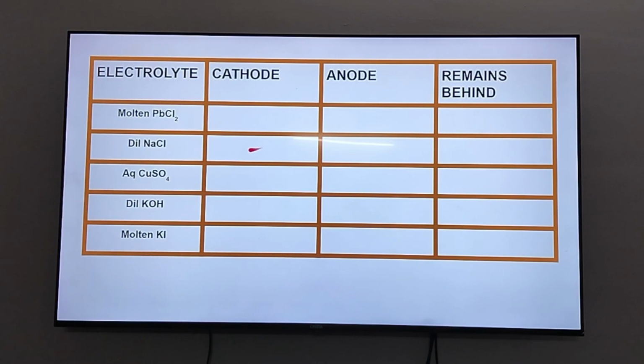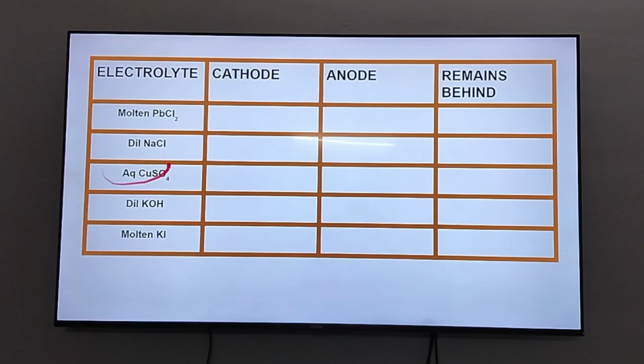Now since hydrogen and hydroxide, both from the water, are removed, water becomes less and less in the solution. Hence, instead of dilute, the solution becomes concentrated and remains behind. So what remains behind in this case is concentrated sodium chloride.